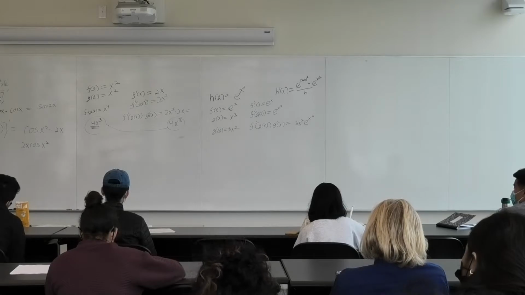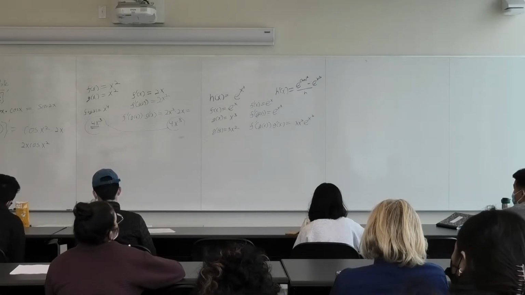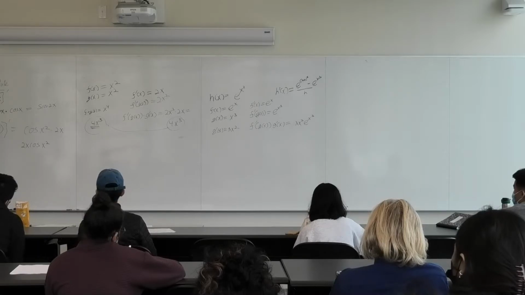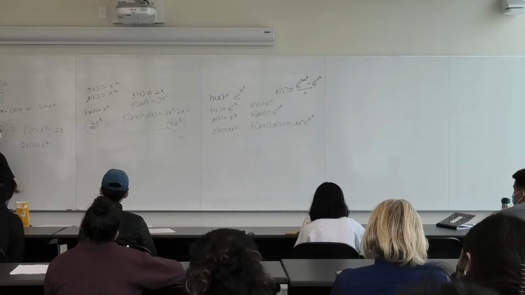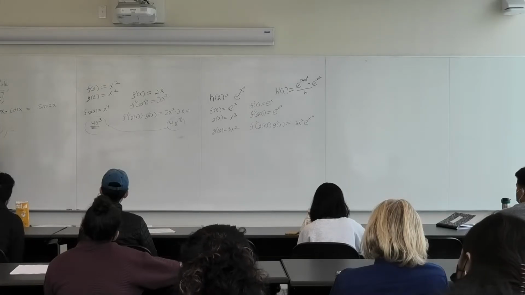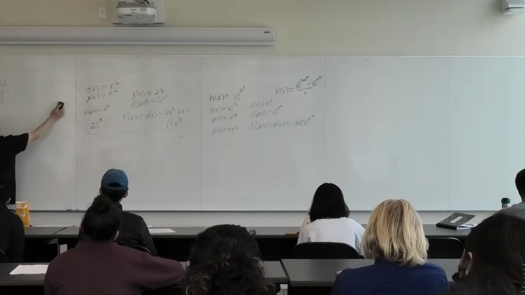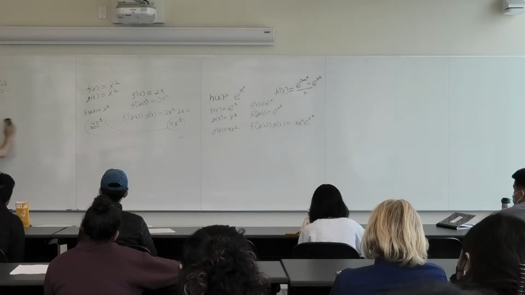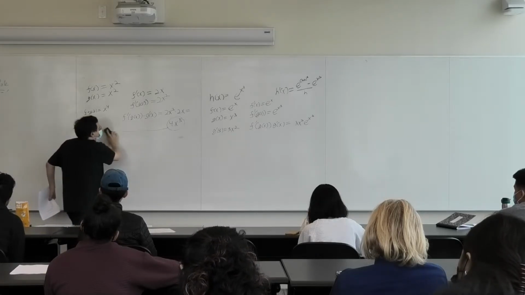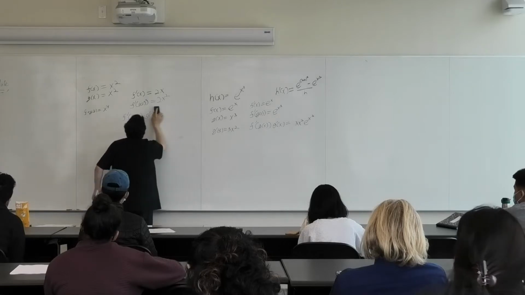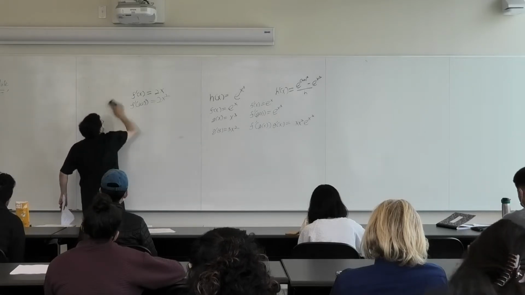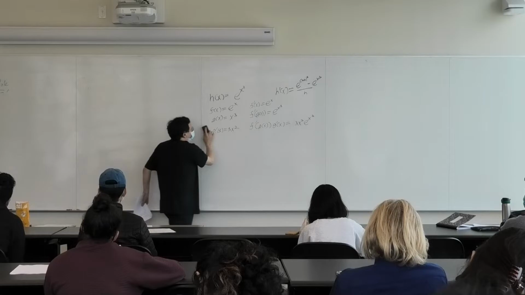Okay, now I want to focus on something here. Why is this called the chain rule? Where's the chain here? Well, in the examples we've had, we've just had the composition of two functions.